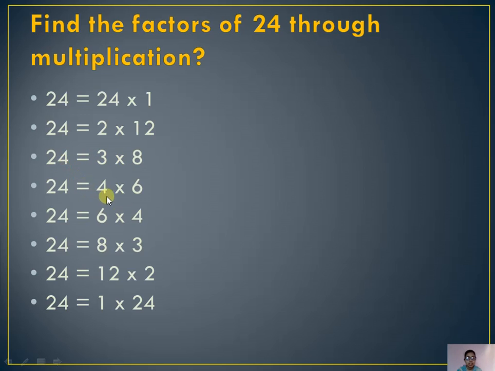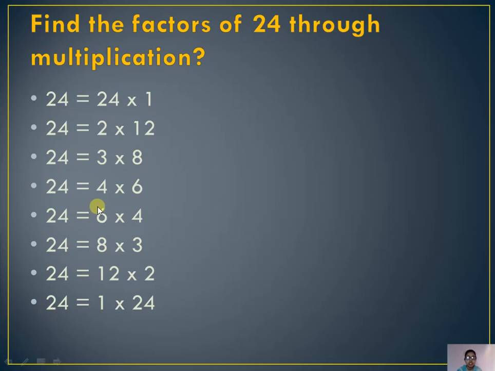4 multiplied by 6 gives 24. 6 multiplied by 4 gives 24. 8 multiplied by 3 gives 24. 12 multiplied by 2 gives 24. And 1 multiplied by 24 gives 24.